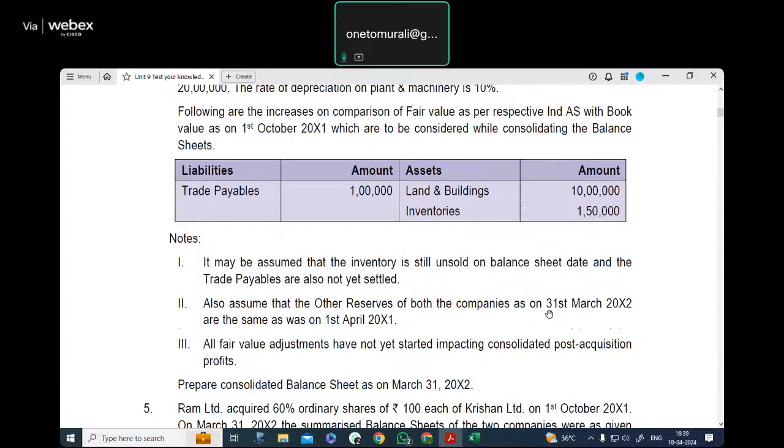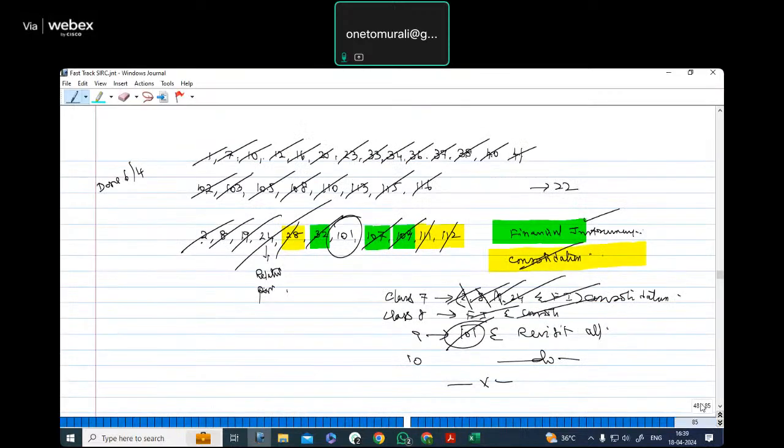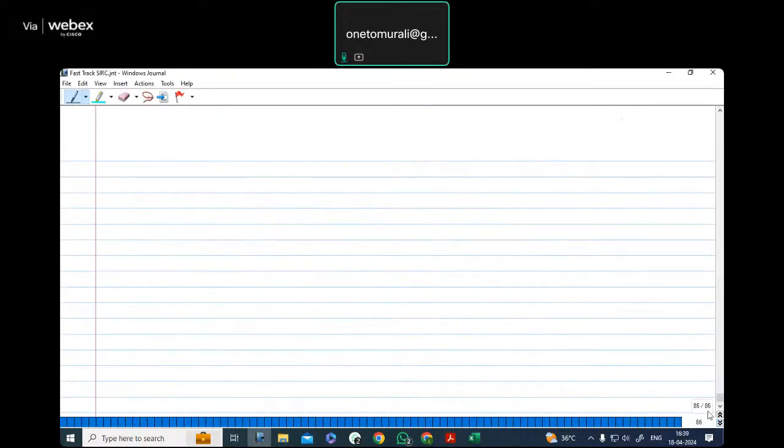So we all know this problem, question number 4 in the book on CFS, where we have first the cutoff, where we note down the date of acquisition, date of consolidation, prior to, post, percentage of holding and non-controlling interest.